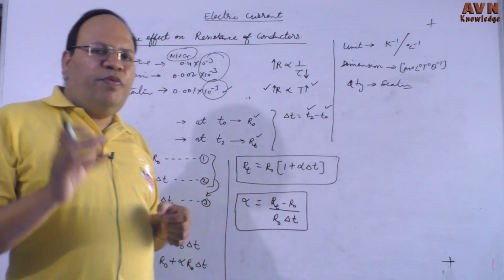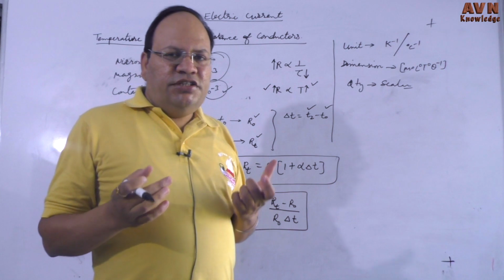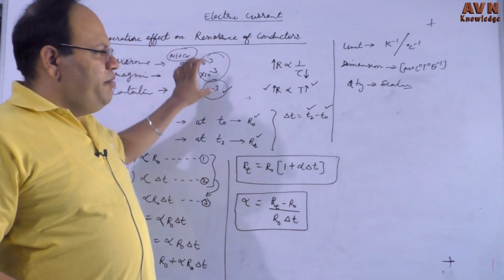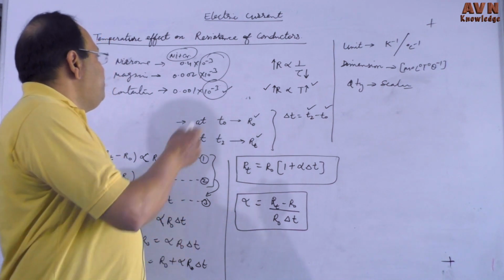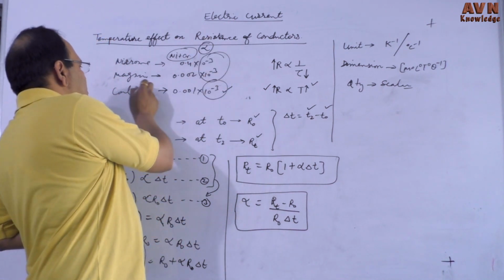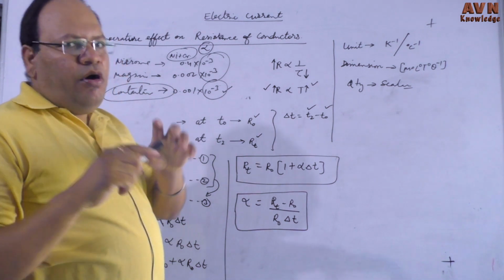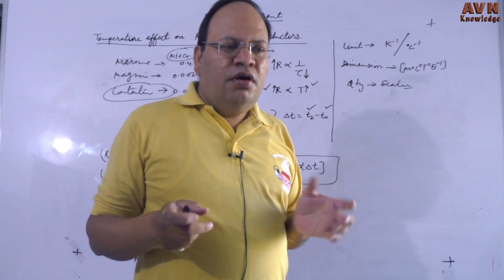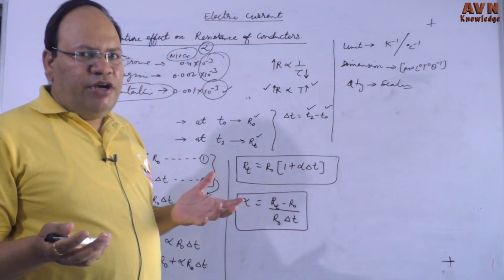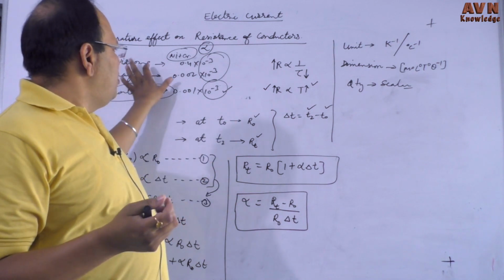Among the good conductors, silver is also 10 raised to the power minus 3, greater than this temperature coefficient. So the temperature coefficient alpha is less for constantan and manganese. And in our physics lab, when we study the potentiometer, the potentiometer wire used is always constantan or manganese.